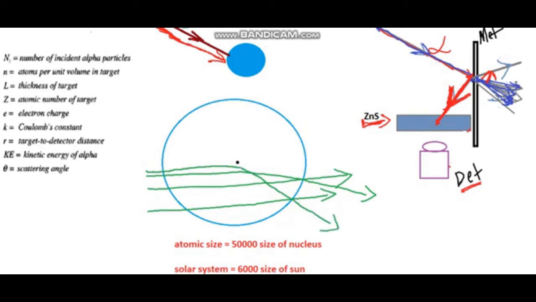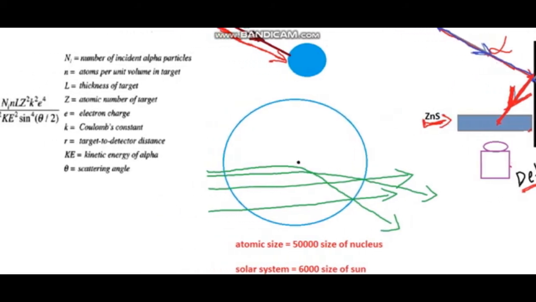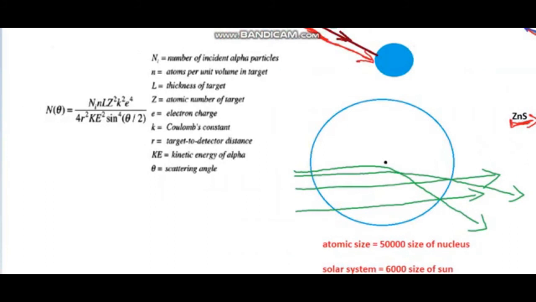So that is the idea of Rutherford about the nucleus, and his predictions were very accurate. He also derived one important formula to calculate the number of scattered alpha particles, which is shown here.